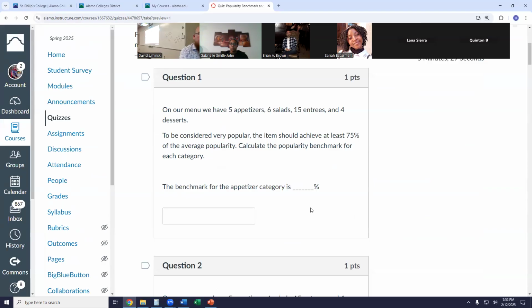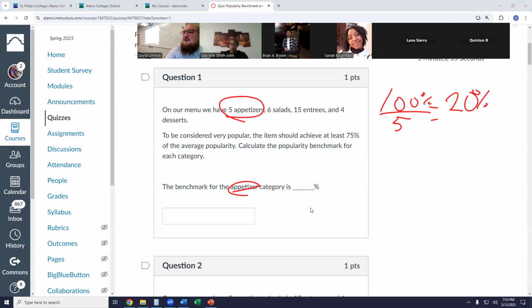All right. So let's talk about appetizers. For appetizers, remember, this is where we're going to take 100% and divide by the number that we have provided. So 100 divided by 5 is 20. That's my average.